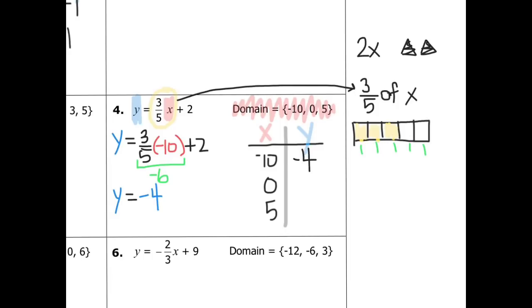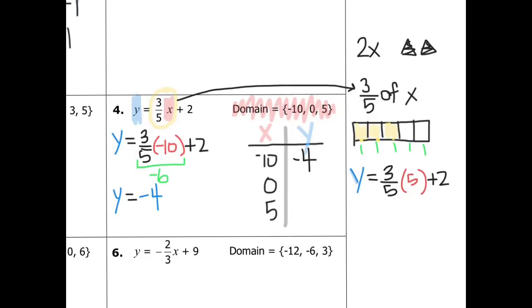So I can go to my equation, and I'm actually going to have to do some work on the right here because my font is too big. My equation says y is equal to 3/5 of 5 plus 2.